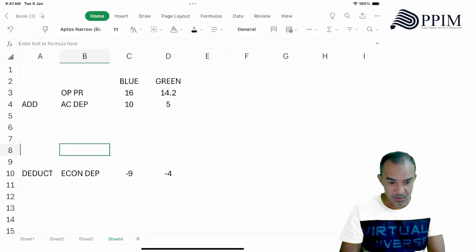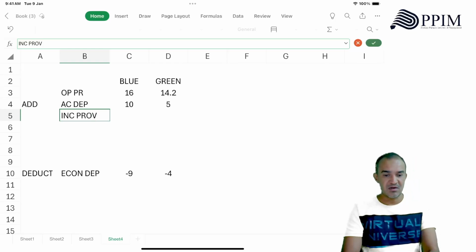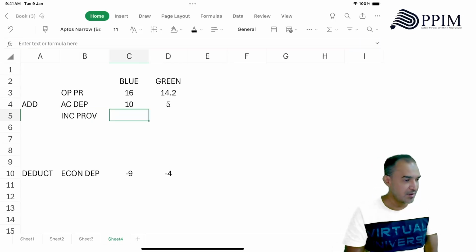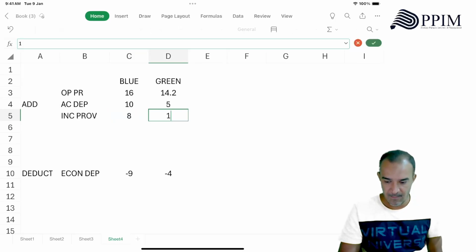Then you have increase in provision. The provision reduces, we will deduct. If it increases, we will add back, because there is no cash flow movement. 8 and 1.